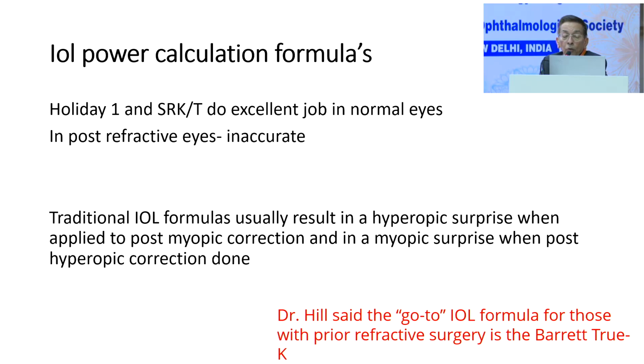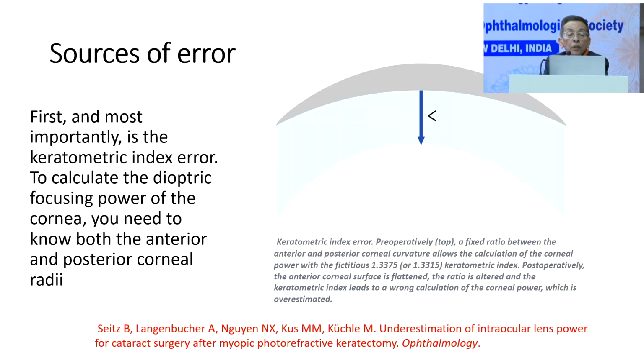So the formula recommended for those with prior refractive surgery is the Barrett True-K. Why is there a source of error? First and most importantly is the keratometric index error, because there is a change in the corneal curvature and a change in the posterior corneal curvature.